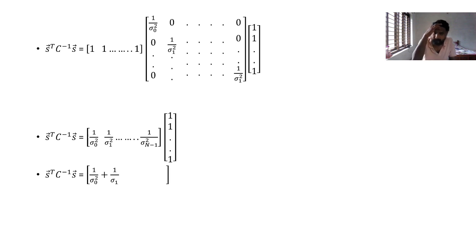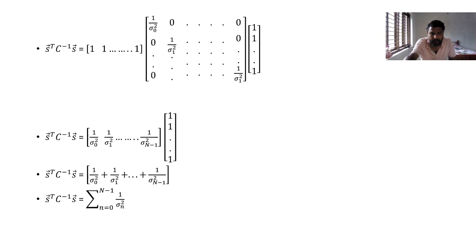That is nothing but the sum over n equal to 0 to n minus 1 of 1 by sigma n square.